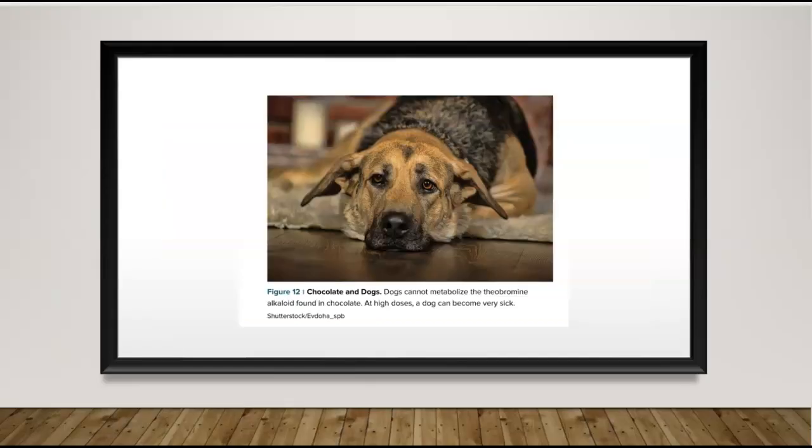Okay, so let's leave off on this last part here with, is chocolate dangerous to dogs? Yes. Yes, yes, yes. There are different products, alkaloid is the official term, for the things in cacao, in the chocolate. There's this one called theobromine.